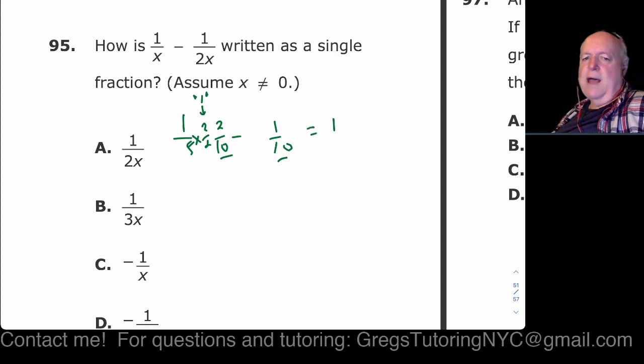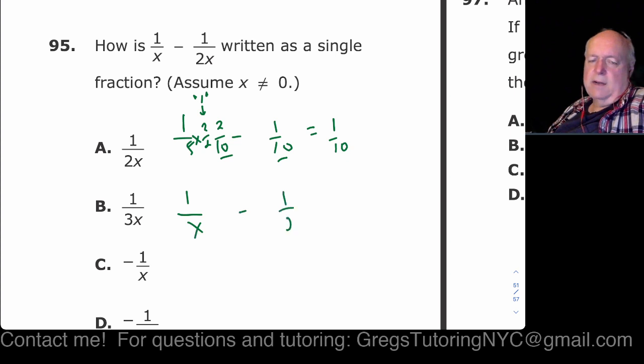All right, so how about we use that same logic with this here? If I have 1 over x minus 1 over 2x, this is also a common denominator question. So it seems to me that I need to get the x to be 2x's. In the same logic, I multiply it by 1. In this case, it's also 2 over 2.